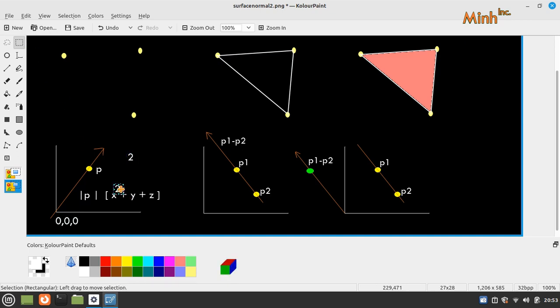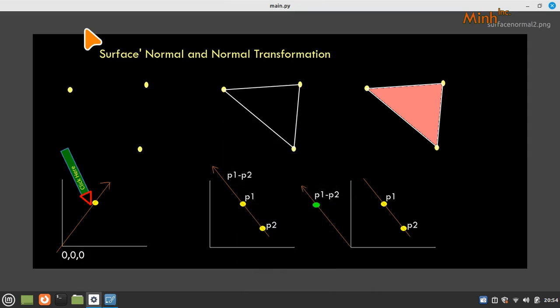This is also called Euclidean space. So this is the magnitude of the vector.